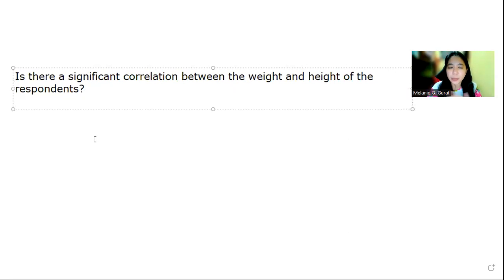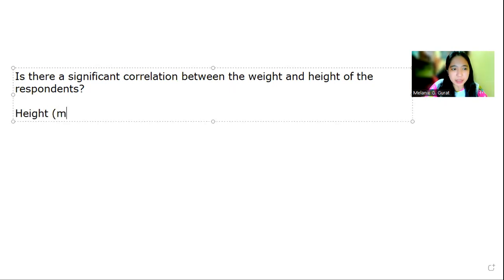Looking at our data as presented, since our height is in meter and weight is in kilogram, we know that our data is numerical.